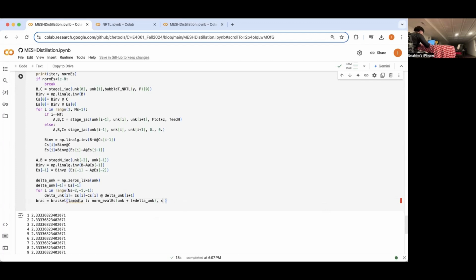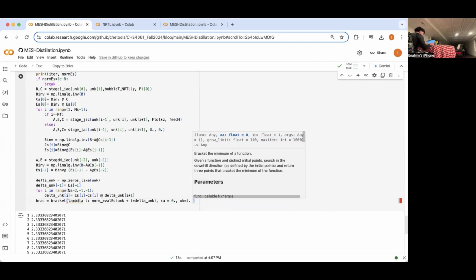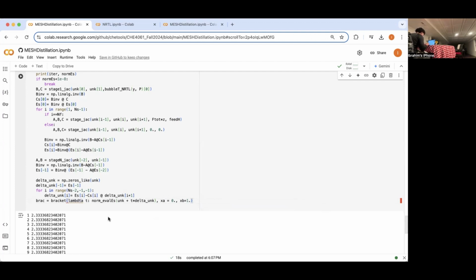Yeah, so this is for xa and xb. So xa is going to be equal to 0, and then our xb is going to be equal to 1. Lambda, there you go.